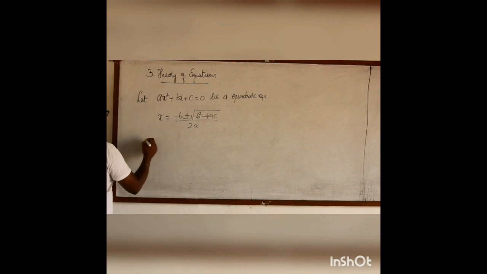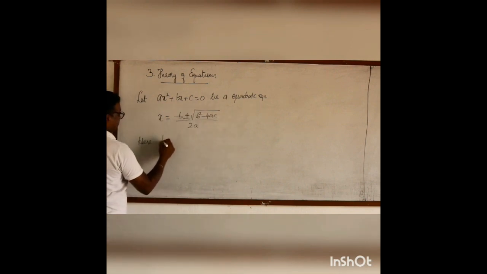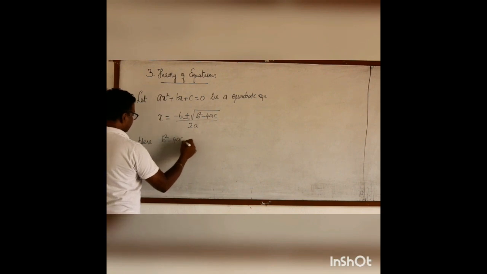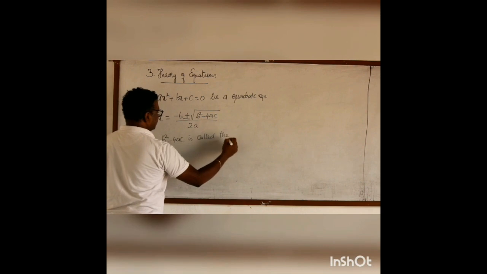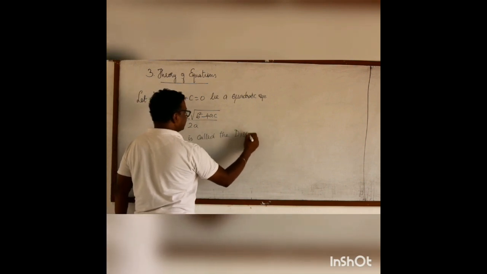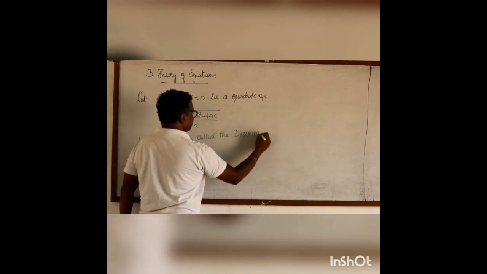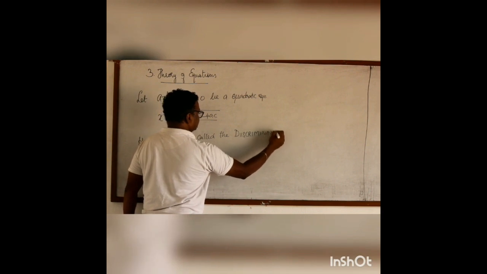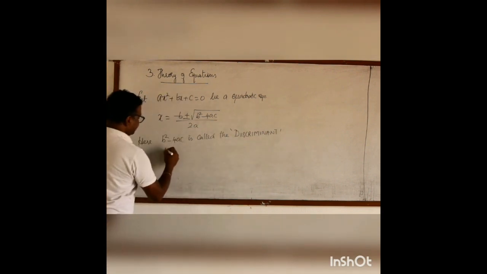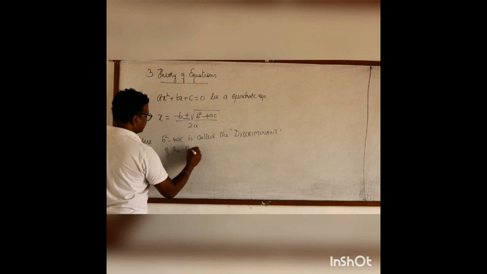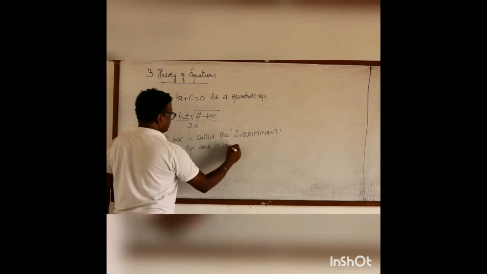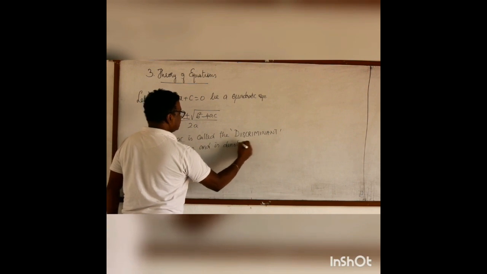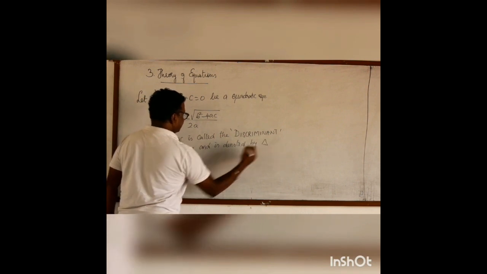Now here b square minus 4ac is called the discriminant of the quadratic equation and is denoted by delta.